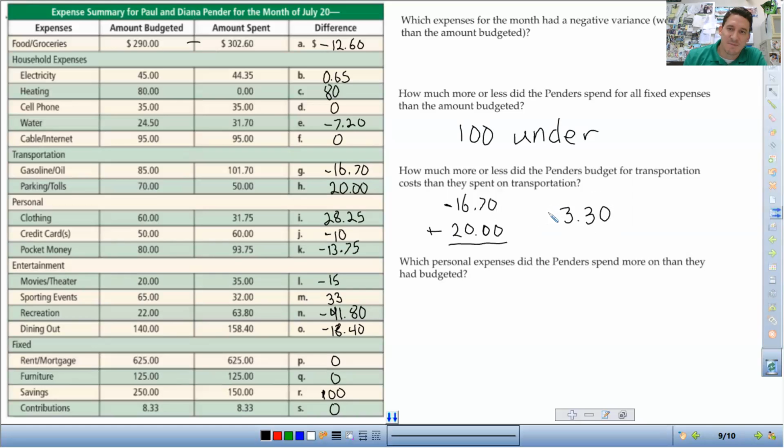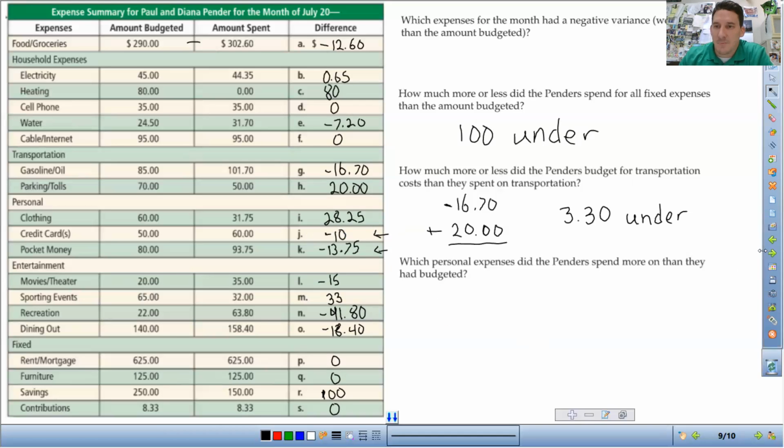Since it's positive, they were $3.30 under budget. All right. Which personal expenses did the Benders spend more on than they had budgeted? So again, go to personal. They spent more on credit cards and pocket money.